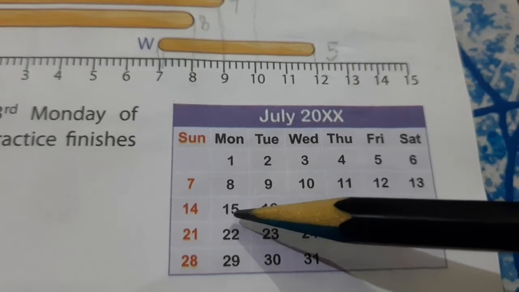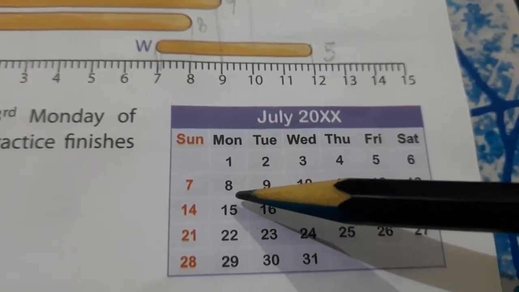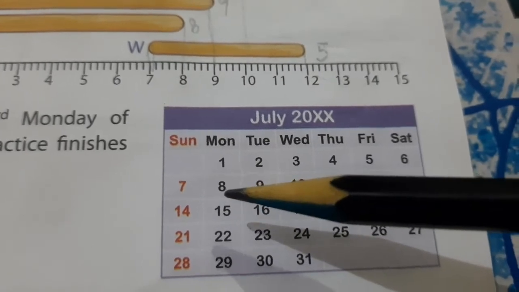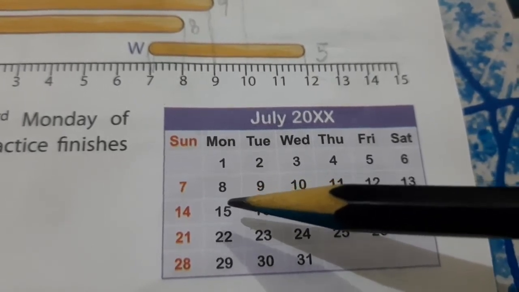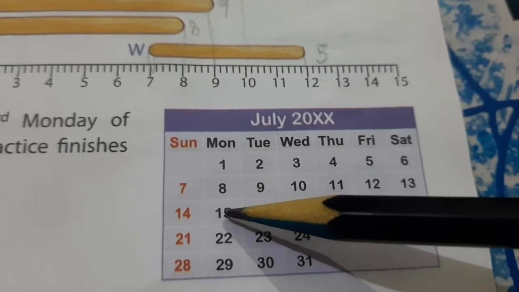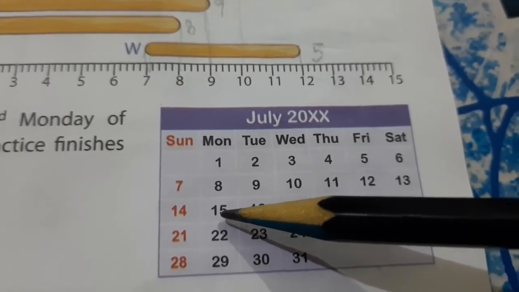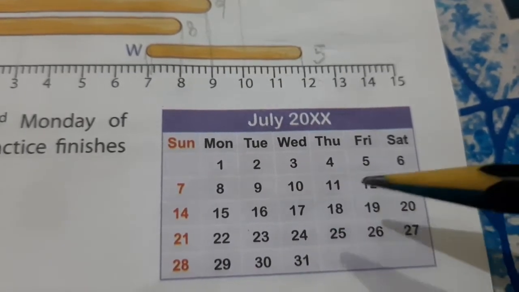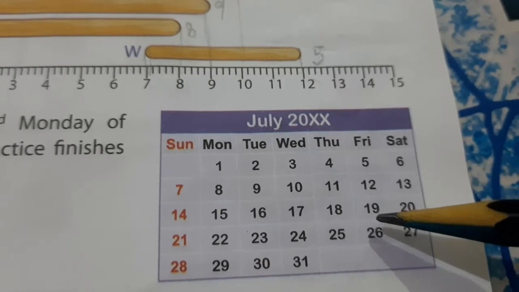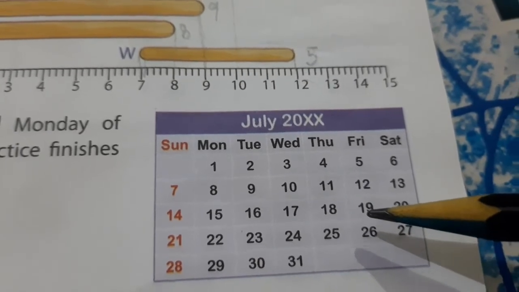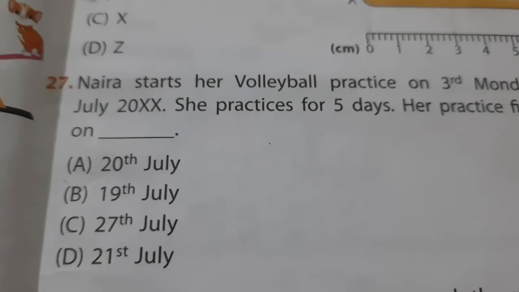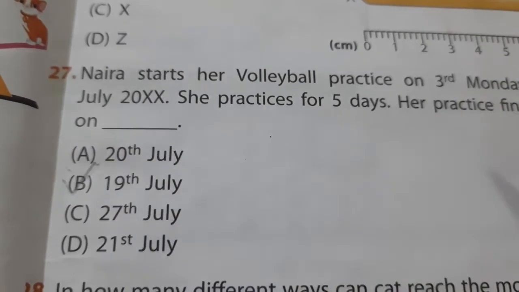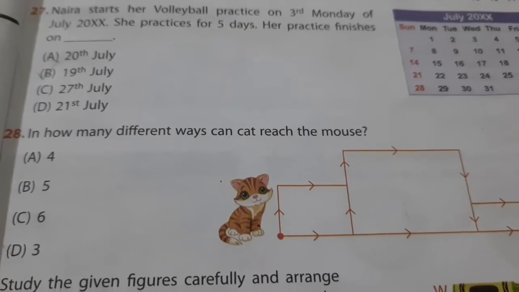So she starts her practice on the 3rd Monday, which is the 15th of July. And her practice is for 5 days, right? So this is day 1, day 2, 3, 4, and 5. So she finishes on the 19th of July. Hence, the 19th of July is the answer to this question. Please tick it. Let us move to the next question.